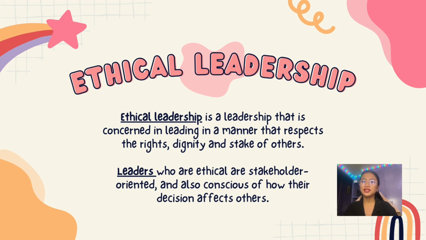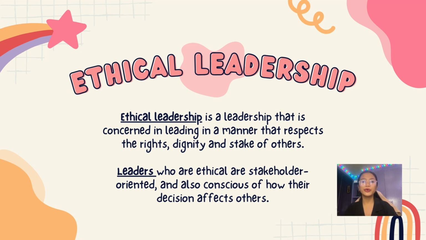So next is leaders. Leaders who are ethical are stakeholder oriented and also conscious of how their decisions affect others. Ethical leaders prioritize stakeholders' interests over self-serving motives, considering the broader impact of their decisions on internal stakeholders, industry, customers, and the public.